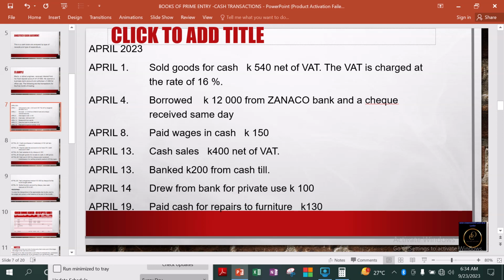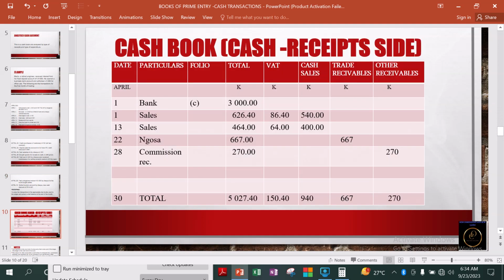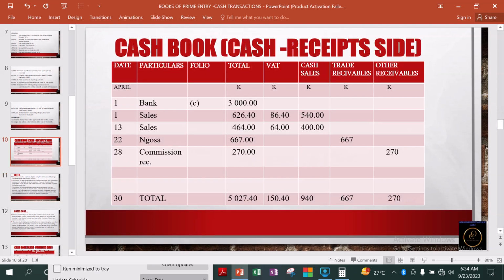So we received the cash, so it goes to the receipt side, cash. So this is the cash book cash receipt side. We are told that we made a sale of 400 net of VAT. So this is 400.